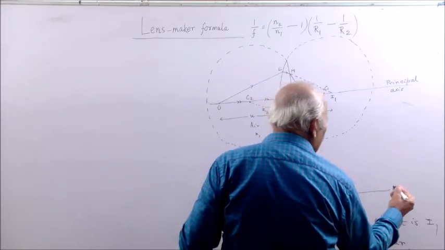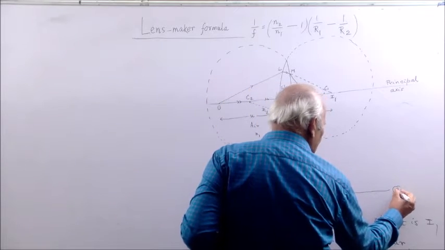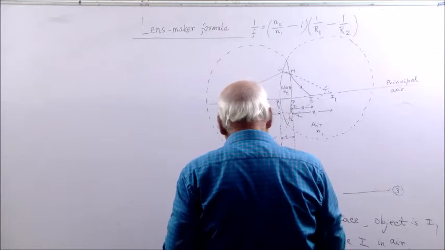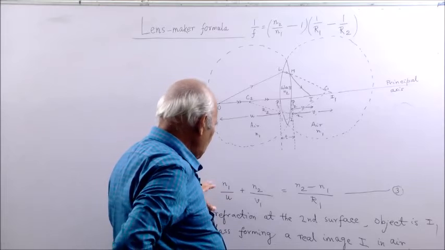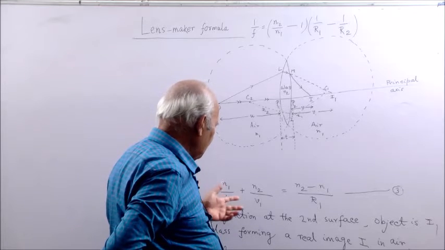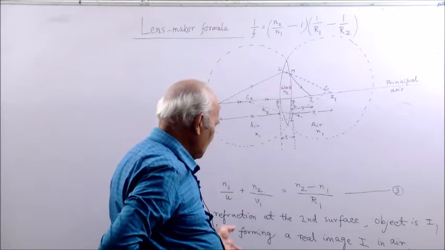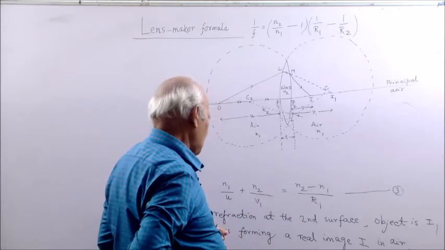Here the object distance can be taken as negative. That is N1 by u, and this is the third equation.